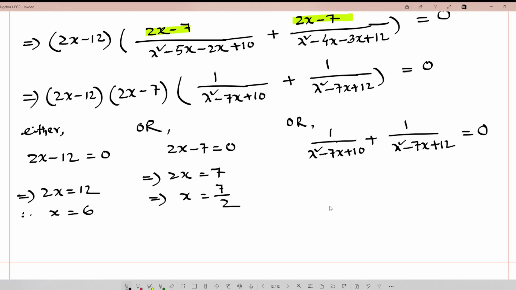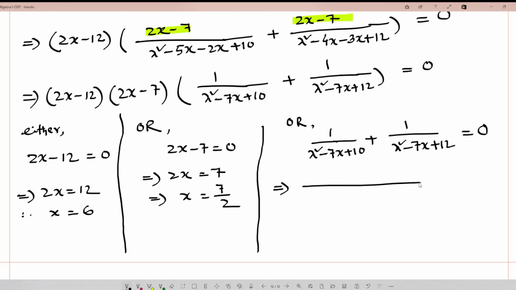what can we do? This one we can make an LCM. So here is x square minus 7x plus 10, and then x square minus 7x plus 12 equals to 0.